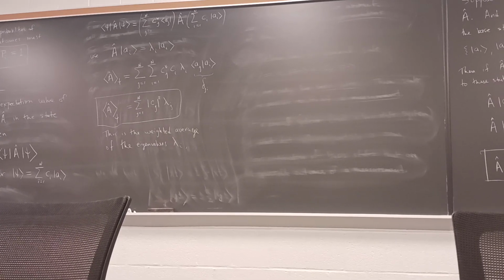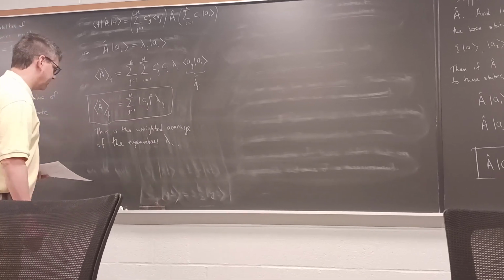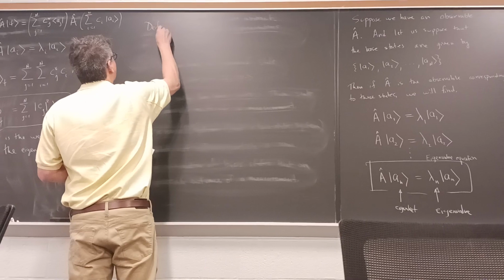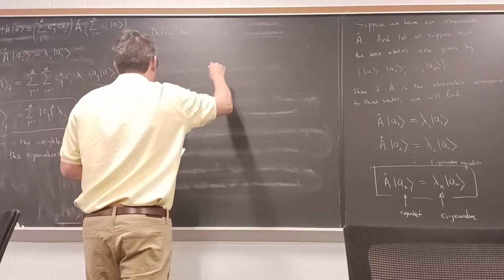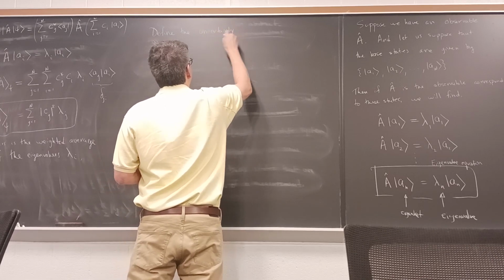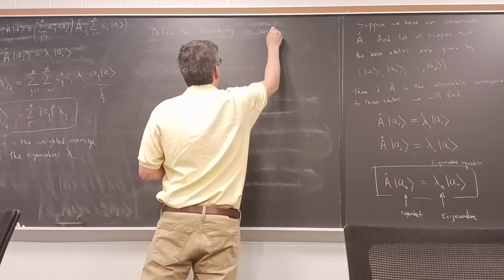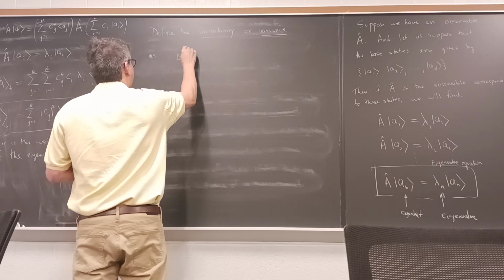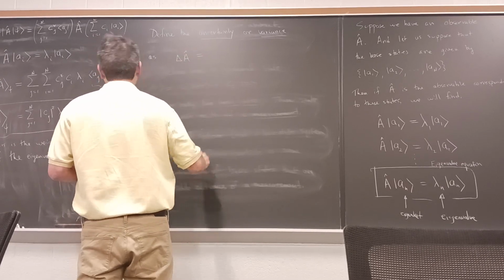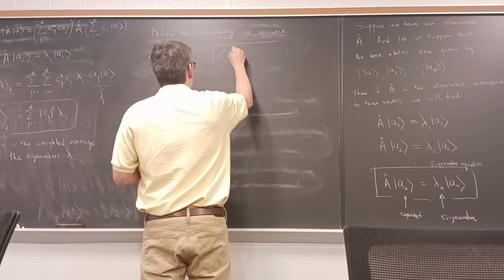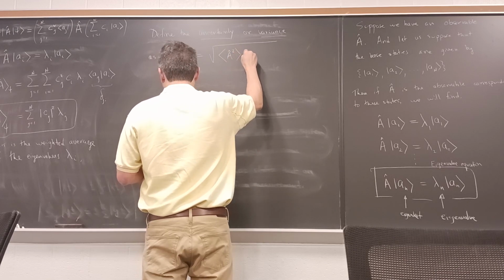Okay, so now that we're talking about probabilities and averages, we can define variance here. So let's define the uncertainty or the variance as delta A, and that will be the square root of the average of A squared, inside minus outside.